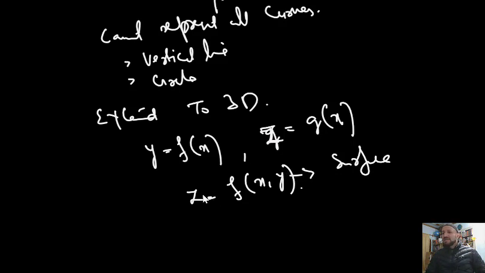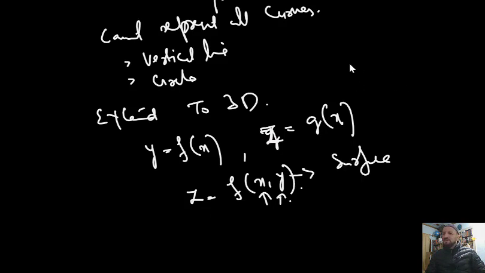To calculate z, you need x and y: you have the x, then you calculate the y, and if you have both x and y, you can calculate the z, that's the depth. That z value in space will be your surface.